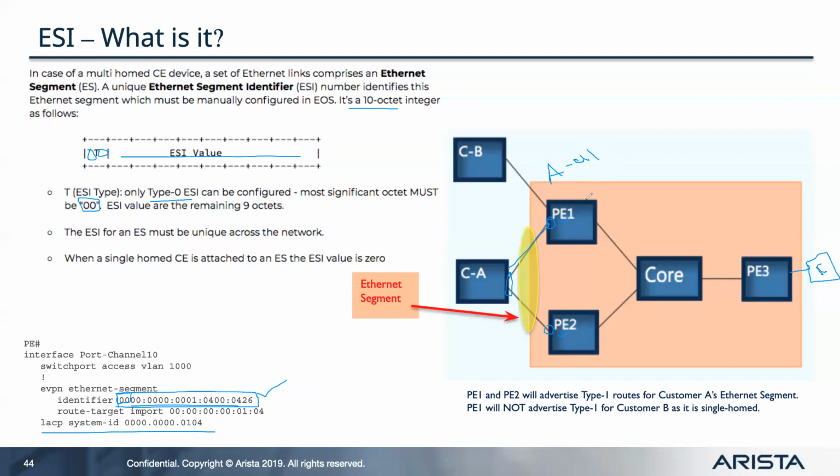Will you learn the MAC here on PE2 when the client sends the first packet? No, it should not be, because you don't have MLAG between these two that can sync the MAC. So basically you learn the MAC and ARP here, but you don't learn it here.